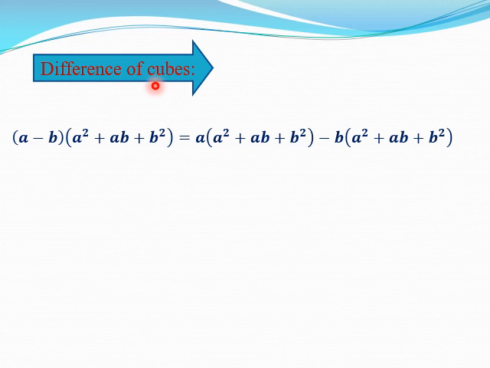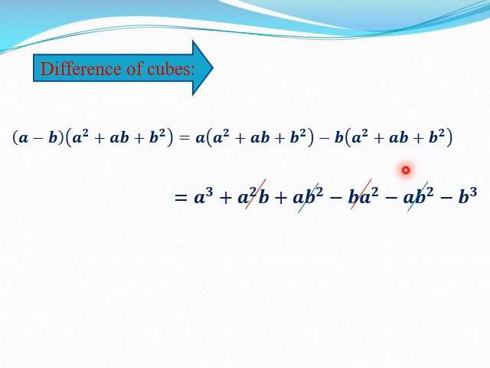Difference of cubes. If we are given two factors like that, a minus b and a square plus ab plus b square, then multiply them. The same pattern: first we distribute the first factor into two terms, a and b. First we multiply a by a square plus ab plus b square, minus b times a square plus ab plus b square, that is the second factor.